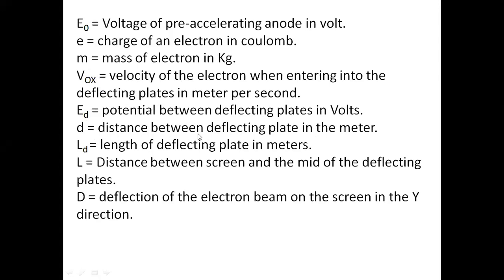d is the distance between the two deflecting plates, and LD is the length of the deflecting plates. L is the distance between the screen and the mid of the deflecting plates.